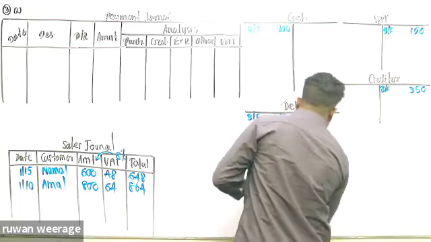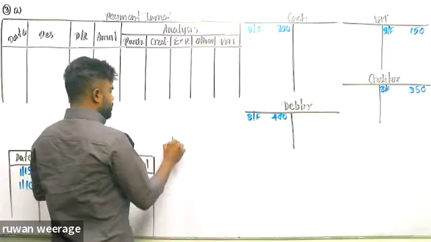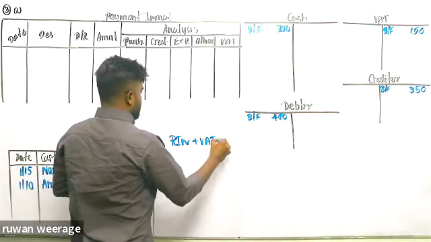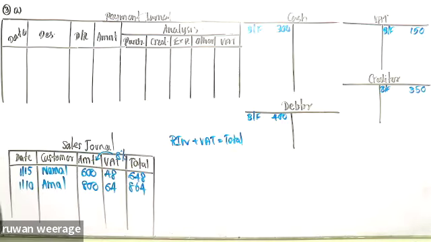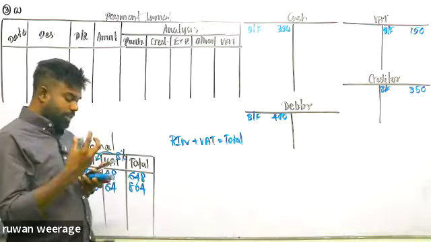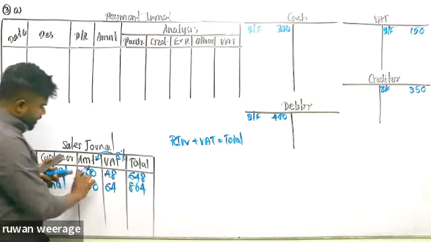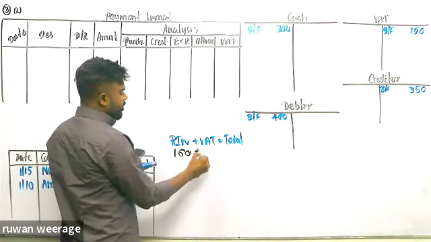So returns inward plus VAT equals total. Here you have to create the double entry for the total, not individual amounts. In the journal you record them separately. Like 160. Calculate the VAT amount at 8%.